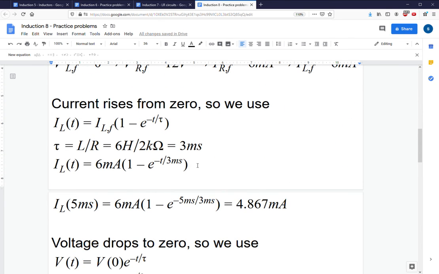So we take this function, plug in 5 milliseconds for t: 6 milliamps times 1 minus e to the negative 5 milliseconds over 3 milliseconds. The milliseconds cancels, so that can just be e to the negative 5/3. So 6 milliamps times 1 minus e to the negative 5/3. Plug that into your calculator, and you should get 4.867 milliamps.